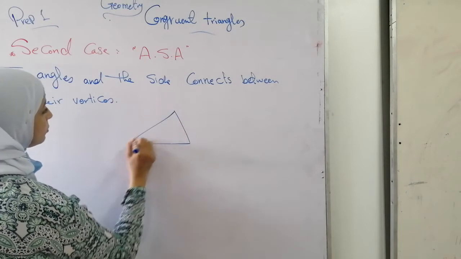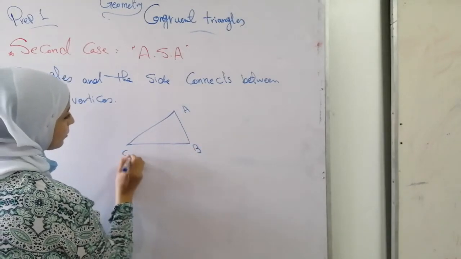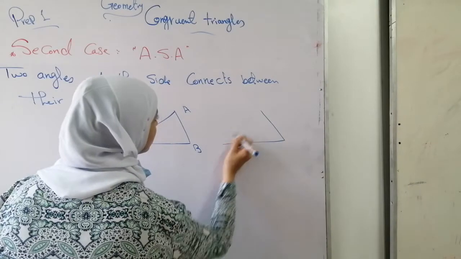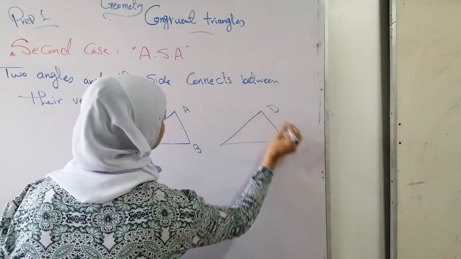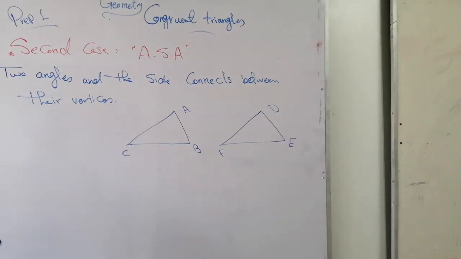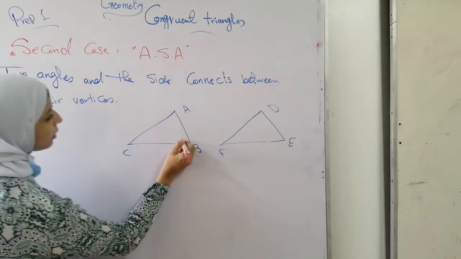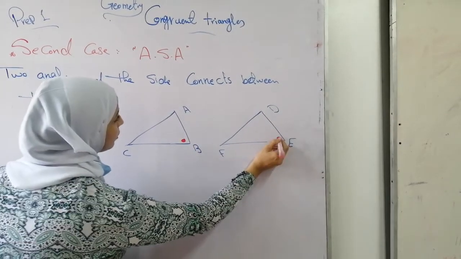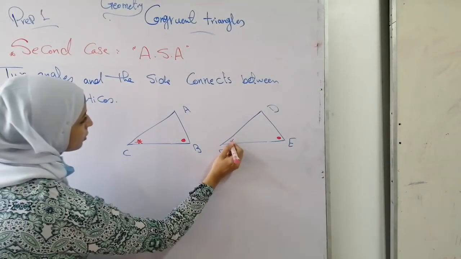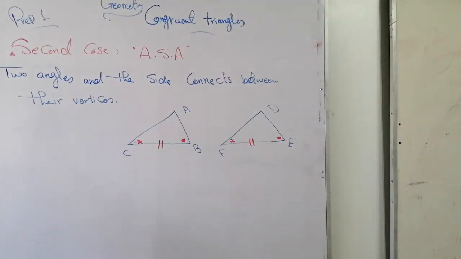This is the first triangle, let's call it ABC. Second triangle, let's call it DEF. The case here is talking about angle B, angle C, and the included side, the side that connects between their vertices.